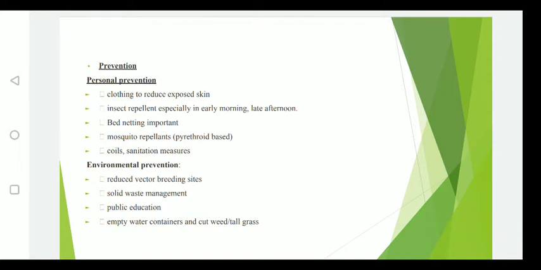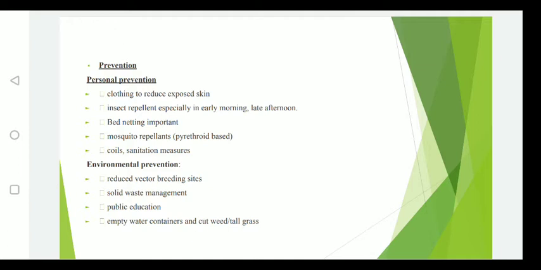The second one is insect repellent, especially in the early morning and late noon, and also mosquito coils can be kept as repellents. Then a bed net is important, so we can keep a mosquito net.